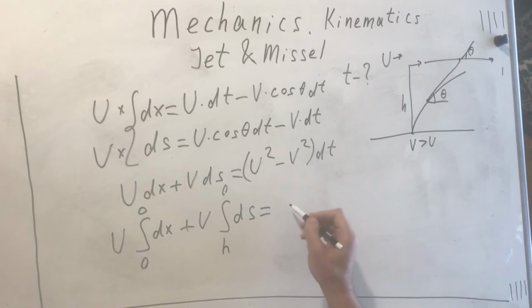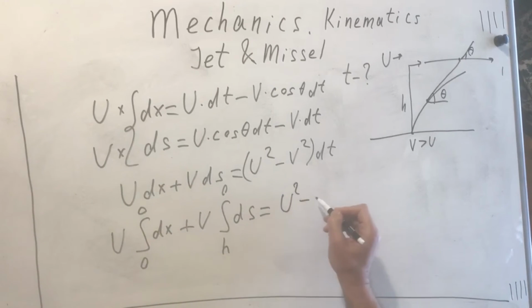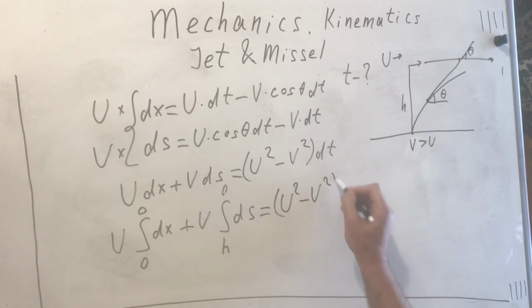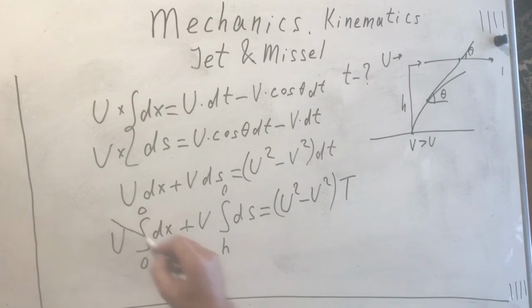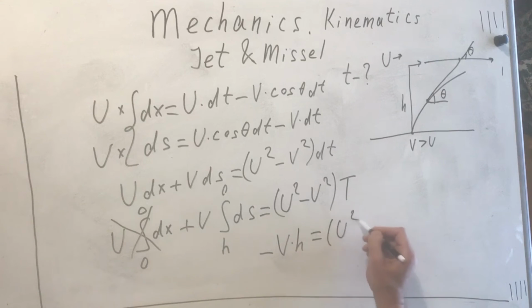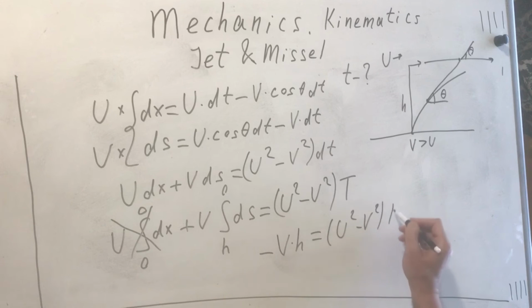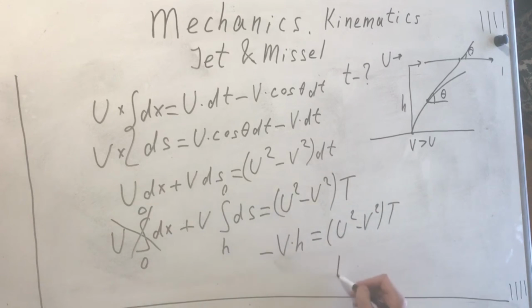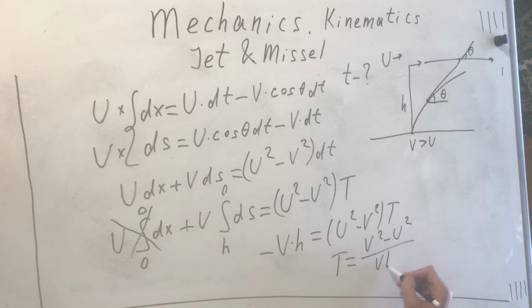And that's equal to u square minus v square multiplied by total time t. So this part is 0, this part is negative v h, and that's equal to u square minus v square times t. And finally the total time equals v h over v square minus u square. So this is the solution for our problem.